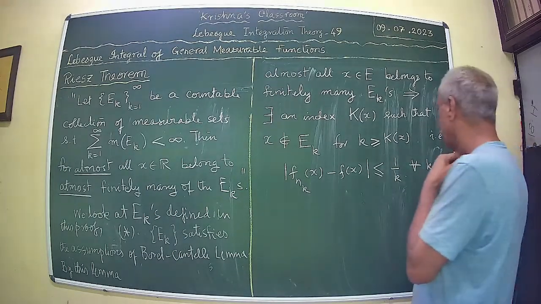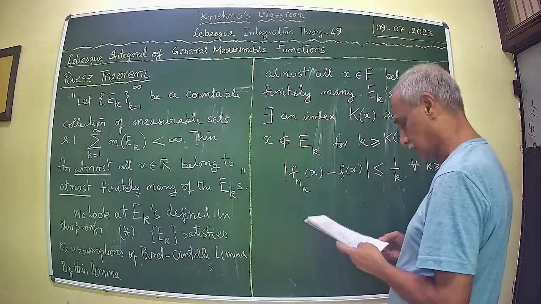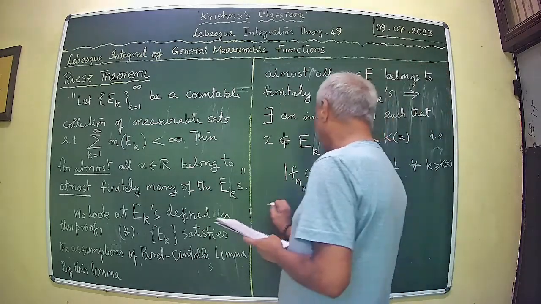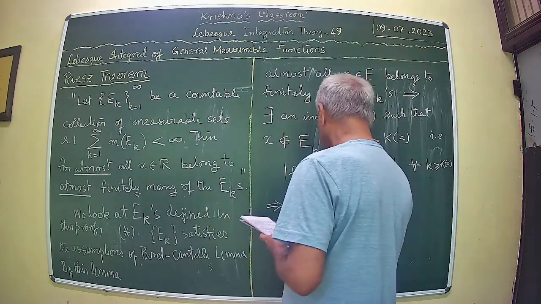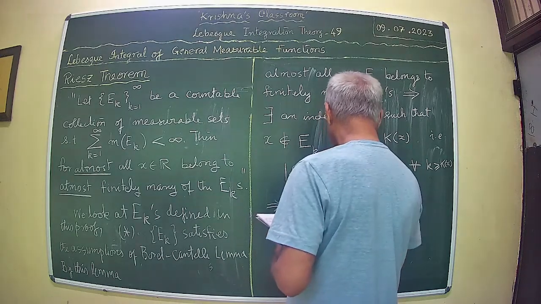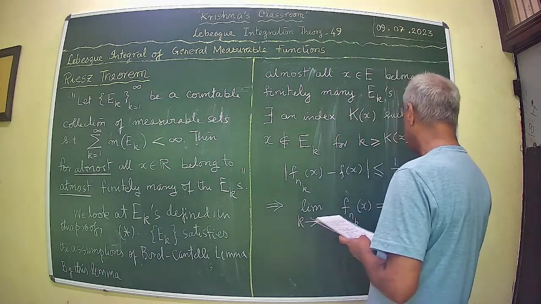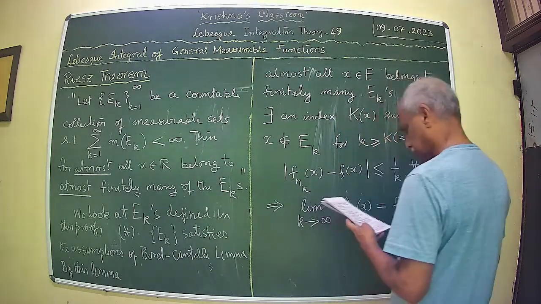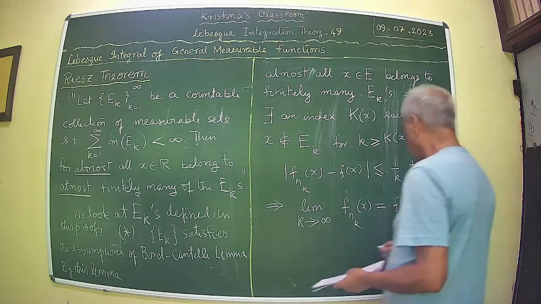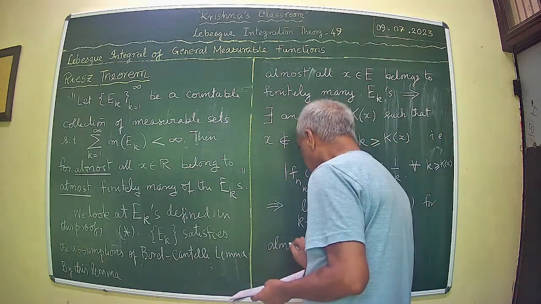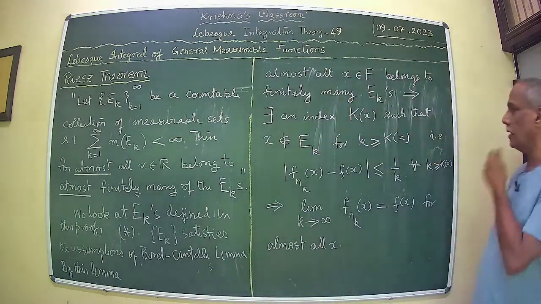This implies that the limit of f_nk(x) is equal to f(x) for almost all x.